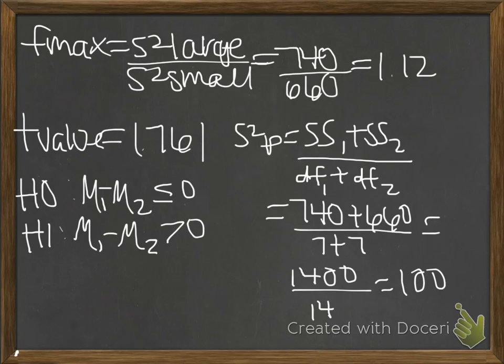The next thing we do is perform a one-tailed test, and the first thing we need to determine is our t-value, which equals 1.761.